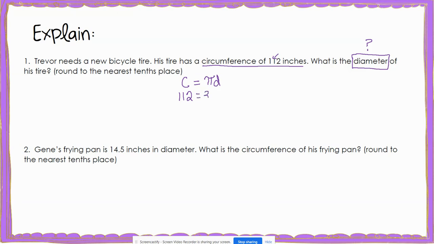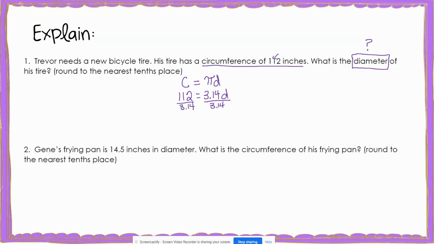We also are using 3.14 for pi, and then we are multiplying that by the diameter, which is unknown. Now, this is an equation that I can solve by getting d by itself. To get d by itself, I need to divide by 3.14 on both sides of this equation.